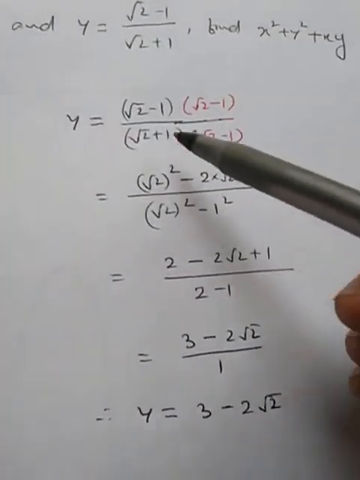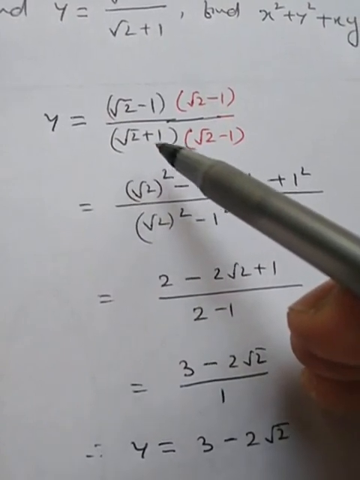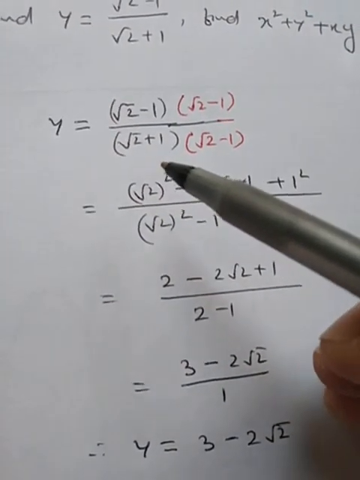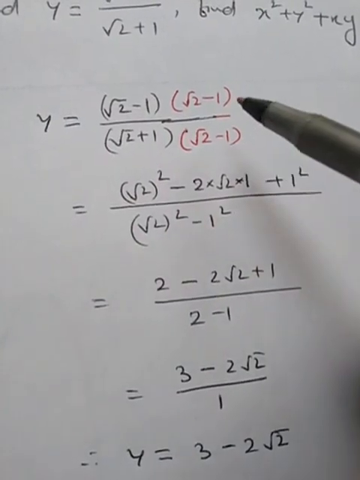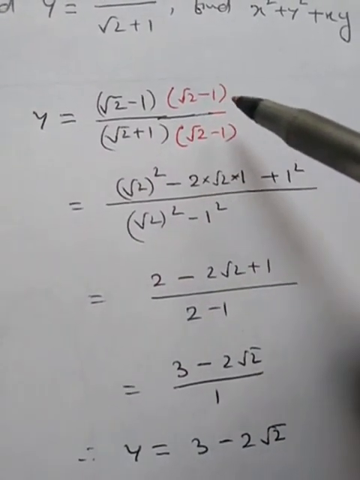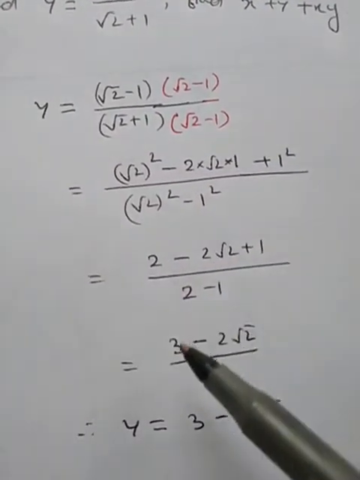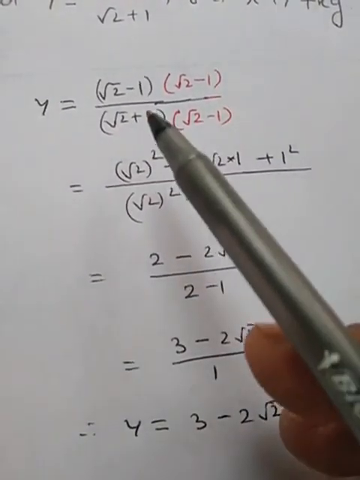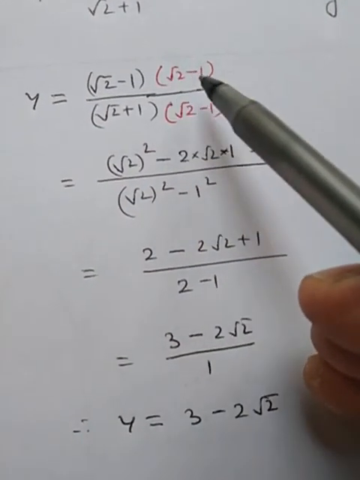This side, same for y also, it is given root 2 plus 1 as the denominator. So we have multiplied by root 2 minus 1 with both numerator and denominator. Then the denominator becomes 2 minus 1, that is 1, and the numerator will be root 2 minus 1 into root 2 minus 1.